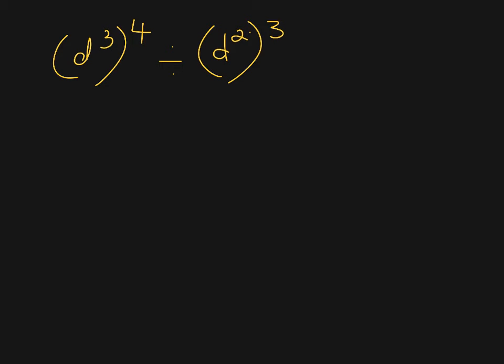So for example, open bracket, we have D to the power of 3, close bracket, to the power of 4, divided by D to the power of 2, close bracket, to the power of 3.